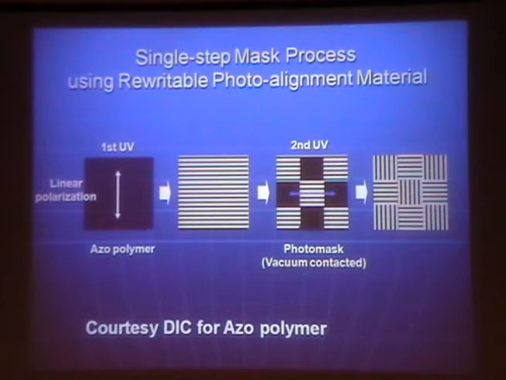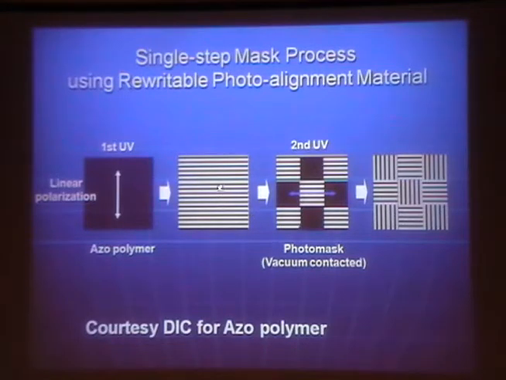The biggest reason is that in order to create a checkerboard pattern, if we use cross-linking type material, we have to have very precise positioning measurement, because that involves two-step mask processes. On the other hand, azo alignment material is rewritable because photoisomerization of azo compound is reversible.